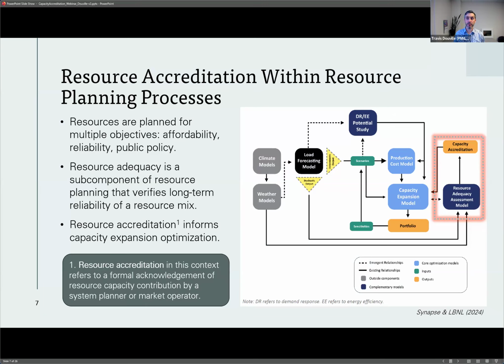Back to the standard planning process, in which resources are centrally planned to one or multiple objectives established around affordability, reliability, which includes resource adequacy, but also NERC contingency standards, and finally, public policy objectives at the state or federal level. These objectives are considered under the capacity expansion optimization shown on this image in the larger blue box in the middle of the image, but slightly to the right and lower in the frame.